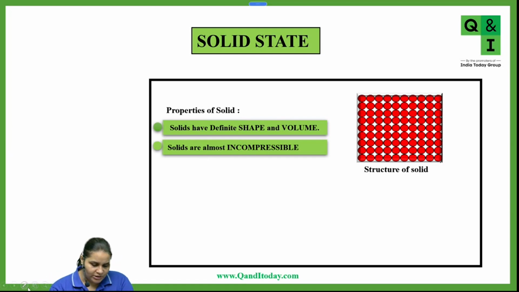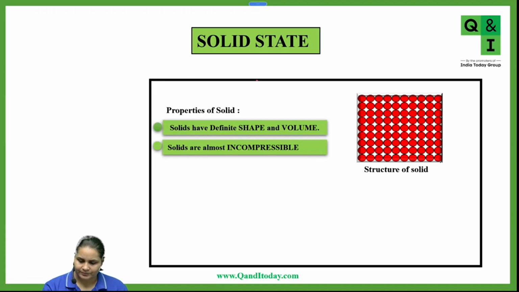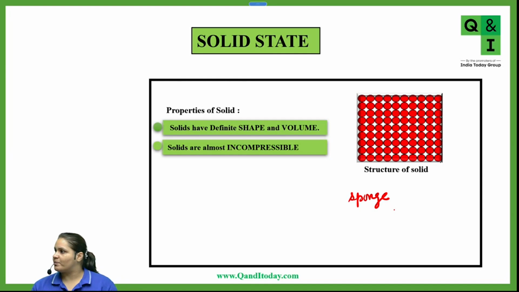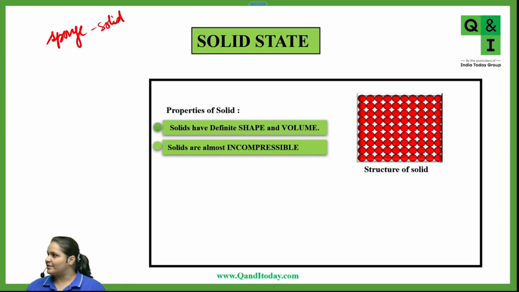But here comes the question: what is the state of sponge? Is it solid, liquid, or gas? Yeah, tell me. Solid, right? Sponge is solid. But is it compressible or not?